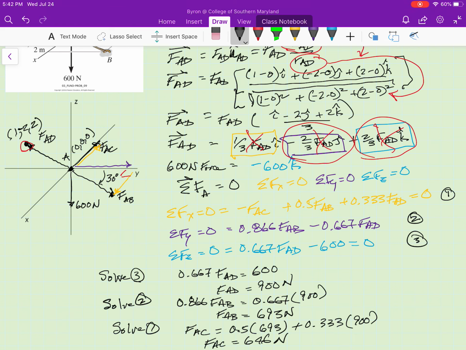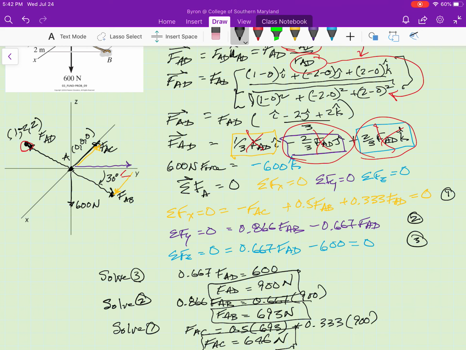Okay, so there are my three answers. Rounded. Remember, you can't round until the very end as far as doing the calculations. All that needs to be stored in your calculator.